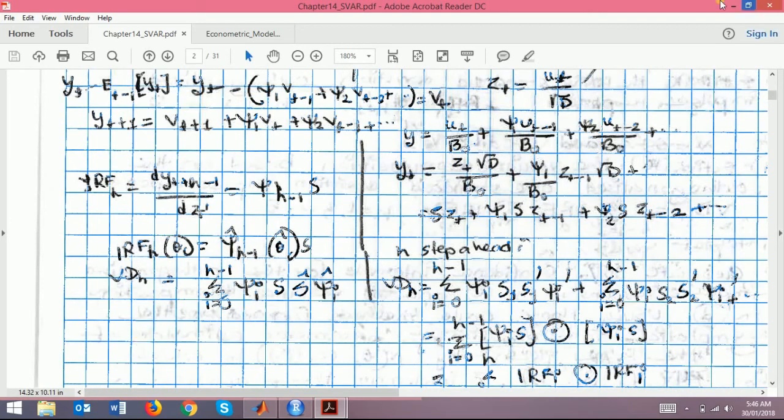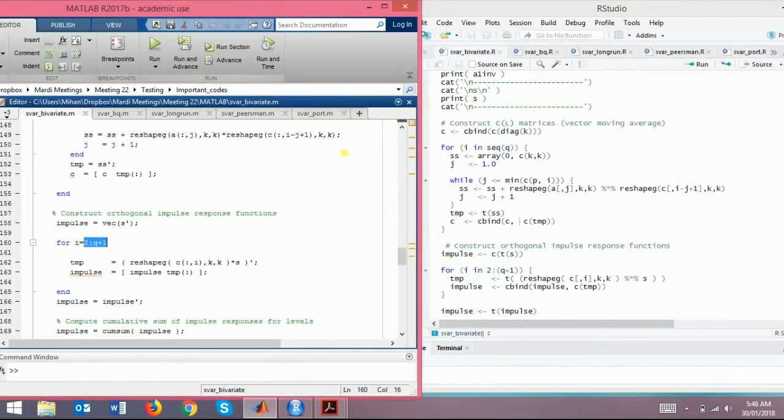It depends on the number of lags. We have 2 lags, so it will start from 2. So 1 means here the number of lags, because here it is h minus 1 lag. If that was h minus 2 lags, it would be 2 to h. In this case 2 to h is q plus 1. Why is h q plus 1?